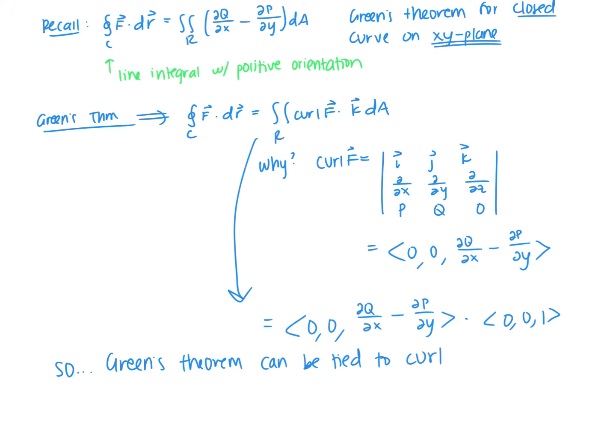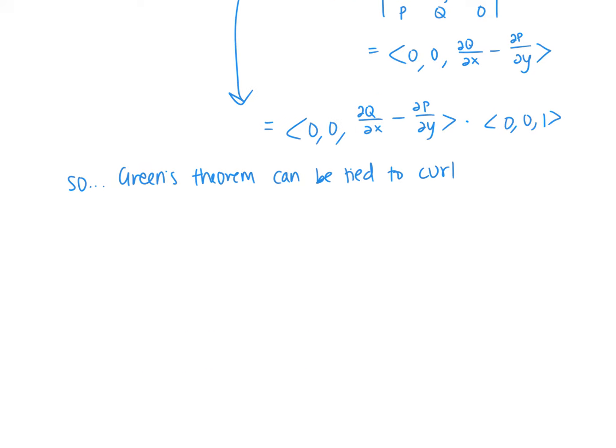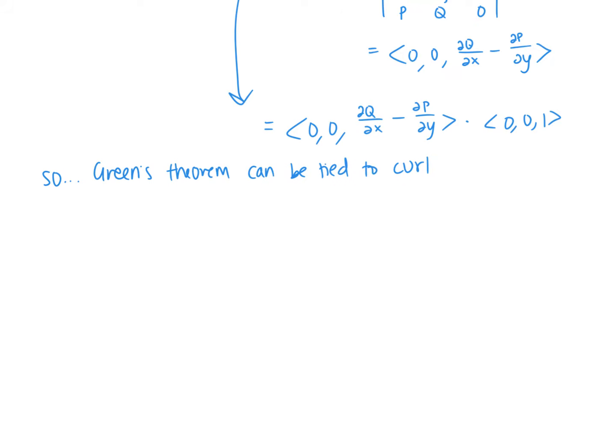Now, Green's theorem, though, like we said above, only works for a curve that is on the xy plane. So what do we do if we have a curve that is not on the xy plane? That's what we're going to look at now. So what's new today is we are looking at a similar idea, but in 3 space.